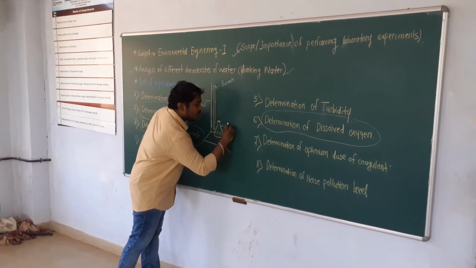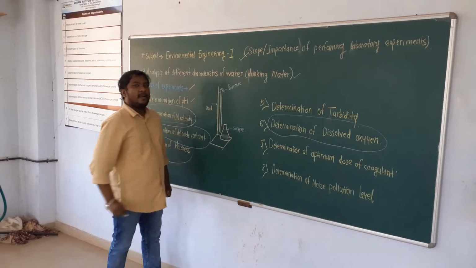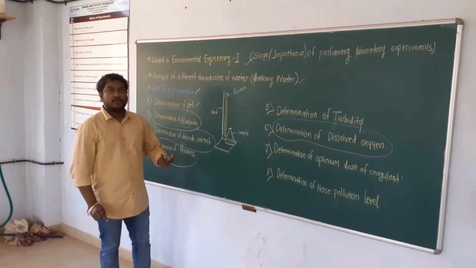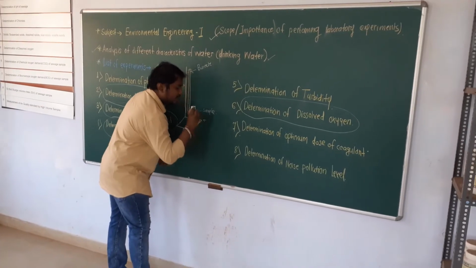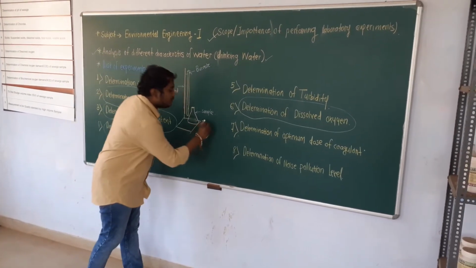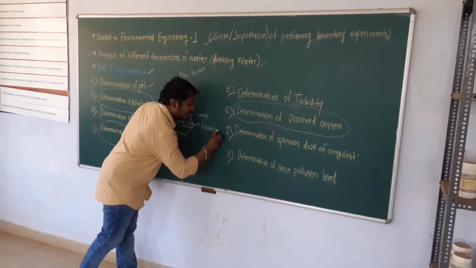In this small conical flask we place the sample for all these experiments, and the volume may differ according to the procedure. And with this sample you add the different indicators.